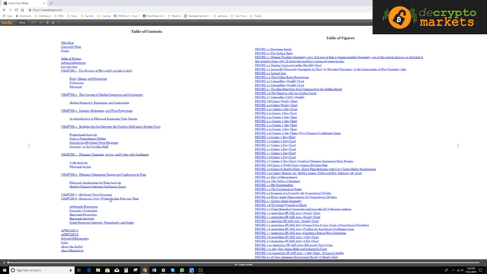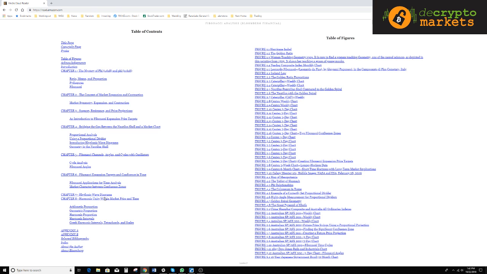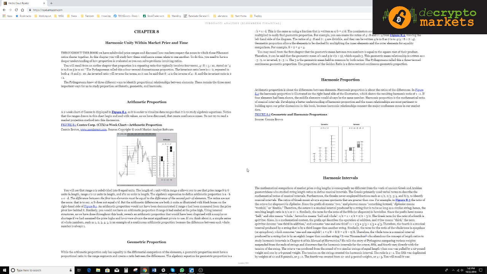Harmonic unity within market, price, and time. I think this is it. Yeah, because she's talking about how you measure ratios in the market, and there's arithmetic, geometric, and harmonic proportions. Talk about proportions, and measuring those ranges in the market. This is crazy.